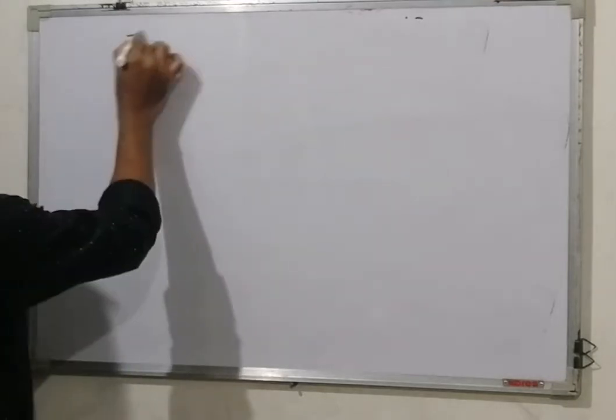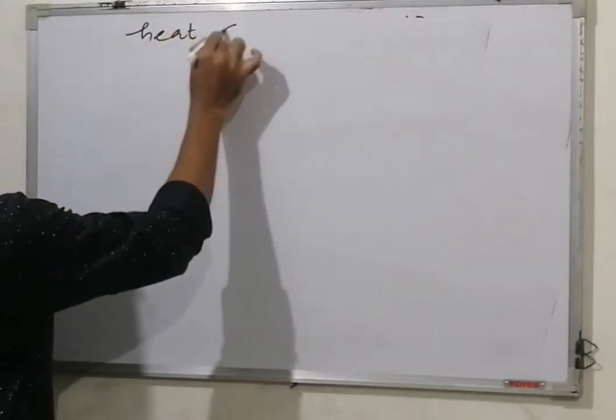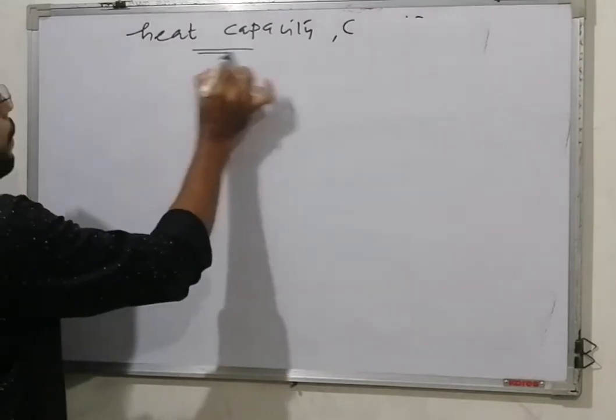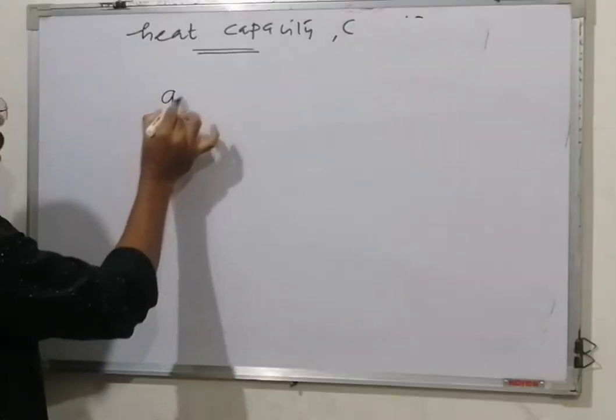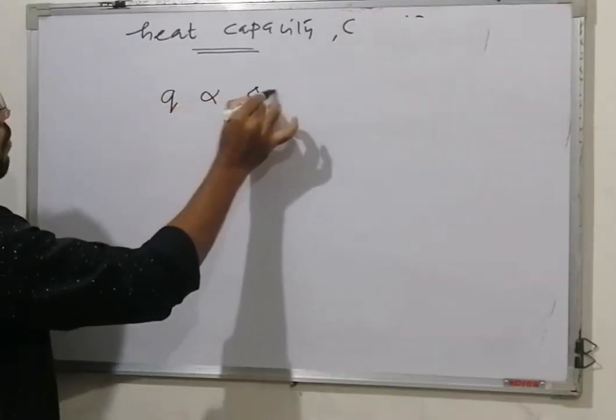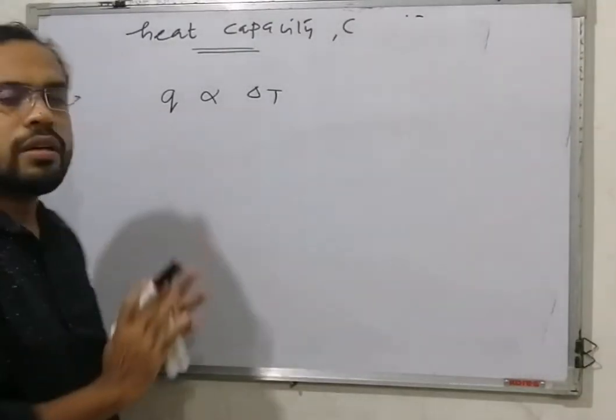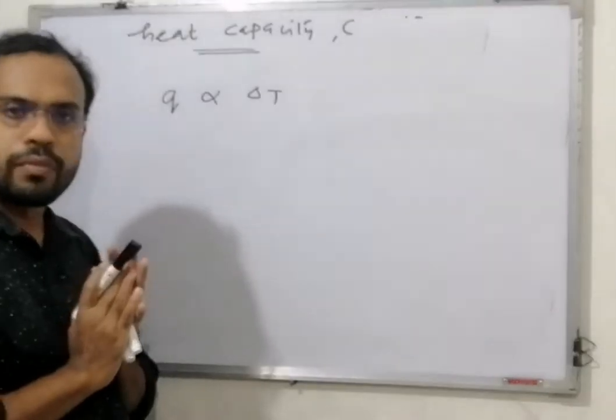Now, we can go to another idea. What is heat capacity? See, you know Q is directly proportional to delta T. What does this relation tell you?